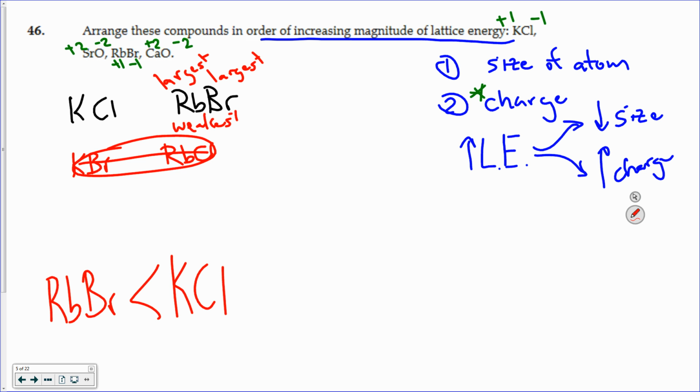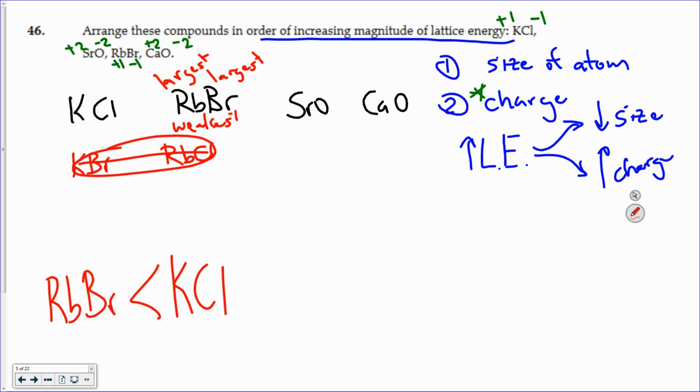Now I've got to look at my second pair. So my second pair that I'm trying to decide between is looking at the things that are +2. So I've got strontium oxide and calcium oxide. Well, they both have the oxygens common, so those are the same size. So which one is going to be the largest? The calcium or the strontium?